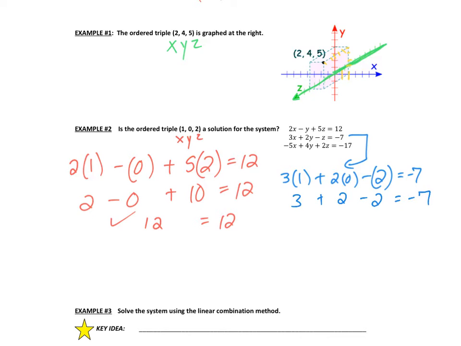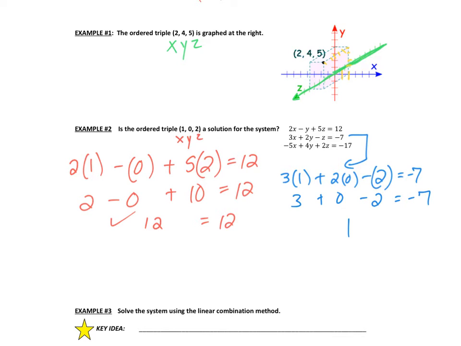So we want to find out 3 times 1 is 3, 2 times 0 is 0. So it's 3 plus 2 minus 2 equals negative 7. Wouldn't it be 3 plus 0? Yeah, I don't know why I wrote 2. Thank you for pointing that out. That should be a 0.